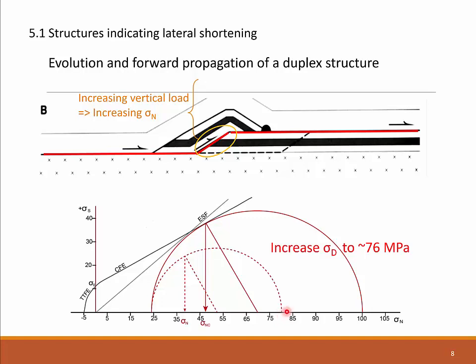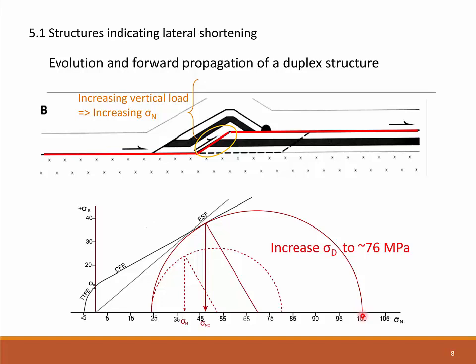Under these conditions, as we have seen, we cannot use the ramp for further tectonic transport, but stress increase might increase sigma 1. And we see here when our Mohr circle grows to an extent that it eventually becomes critical again, we will have a sigma 1 of around 100 megapascals in this example.